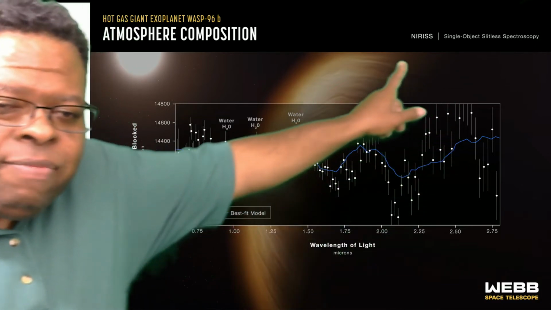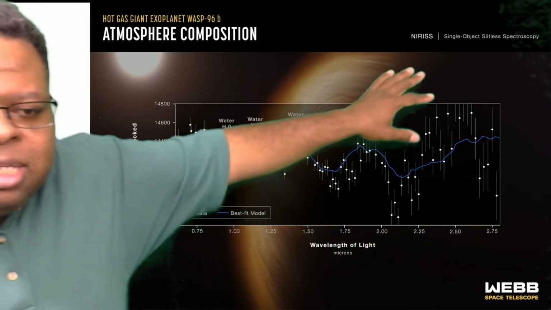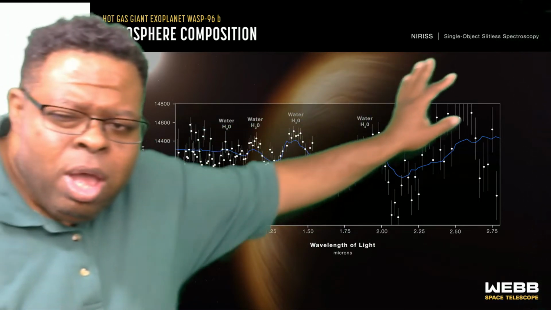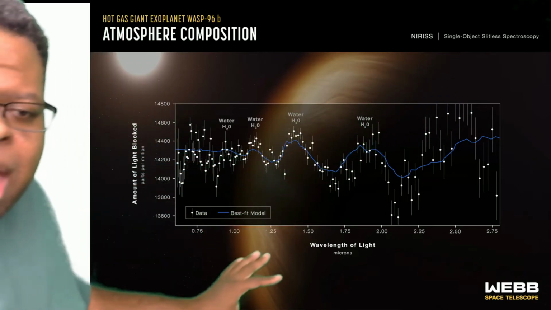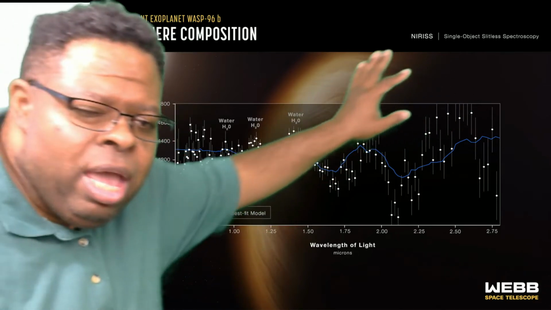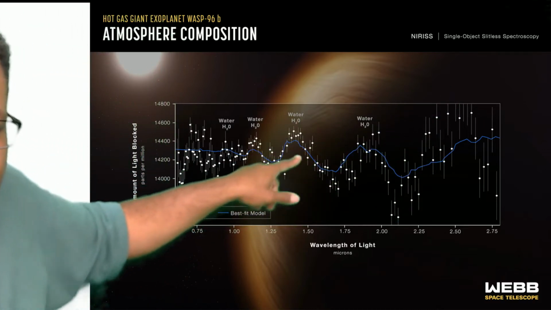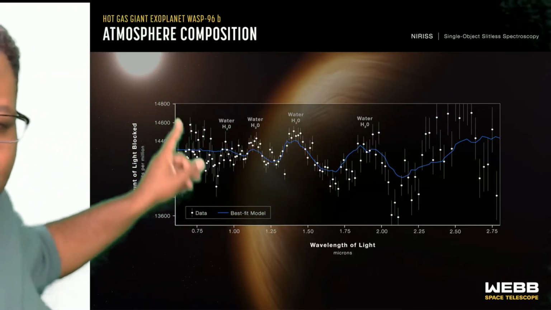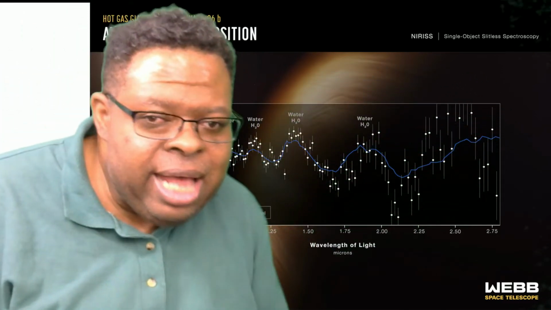You can see the atmosphere. Now, this is not a direct image. This is a spectrometry image of the atmosphere, and this is based on the light. We can tell what color it is based on these things here. This is measuring the water vapor. So it's water vapor in the atmosphere of this gas giant.